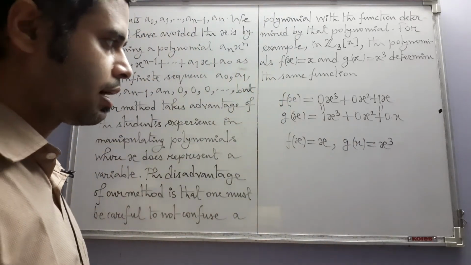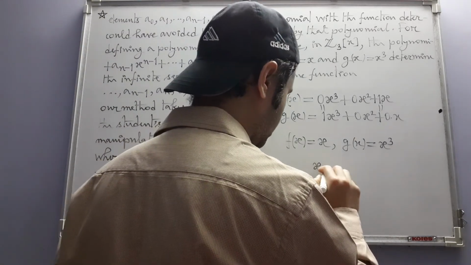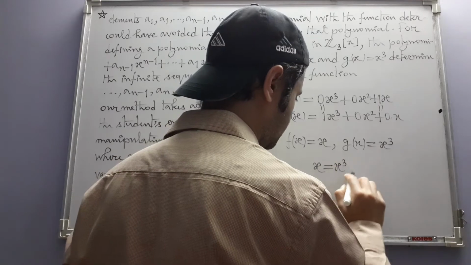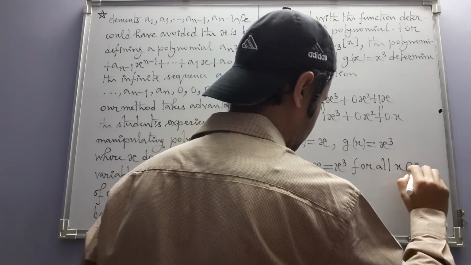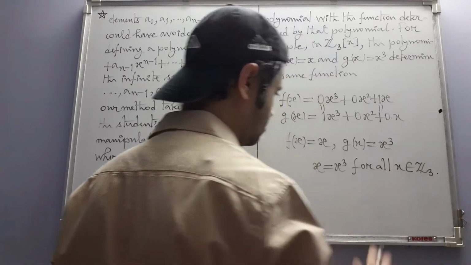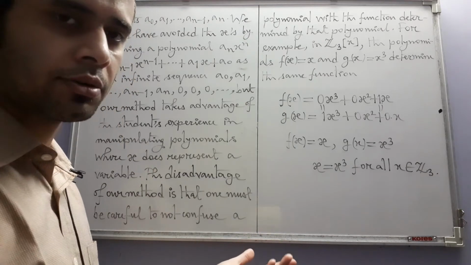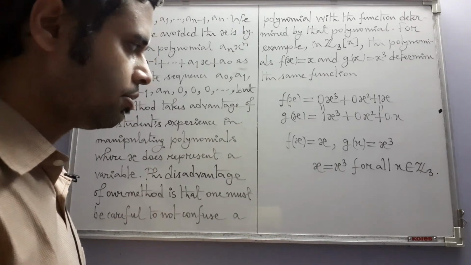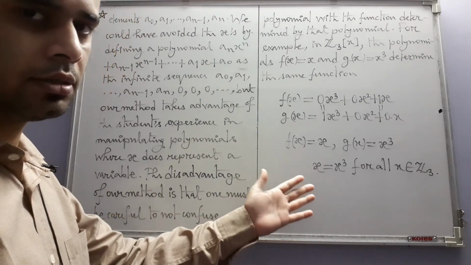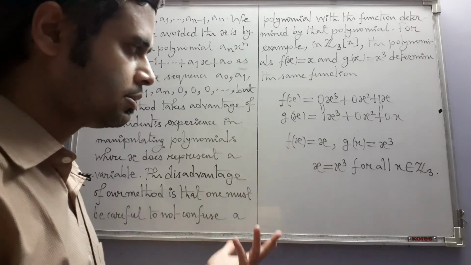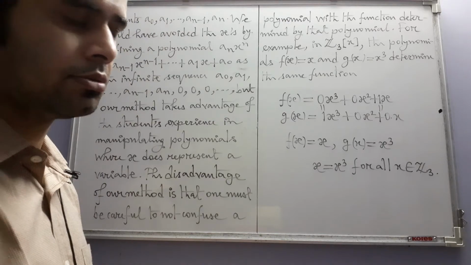These functions are the same because in Z3, x is equal to x cube. You can verify this easily because there are only three elements in Z3: 0, 1 and 2. You just substitute those values and you will see that this equation is true. In fact, this equation is an identity in Z3. It is always true for any x.